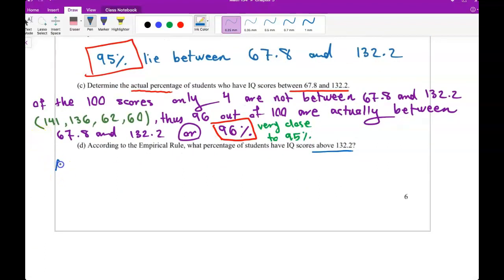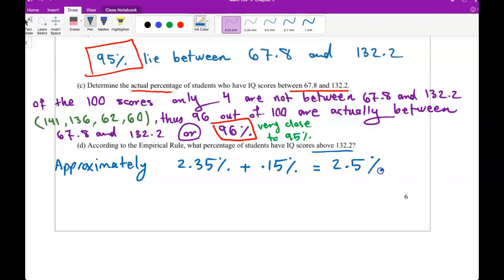So that is approximately 2.35% plus 0.15%, which is equal to 2.5%.